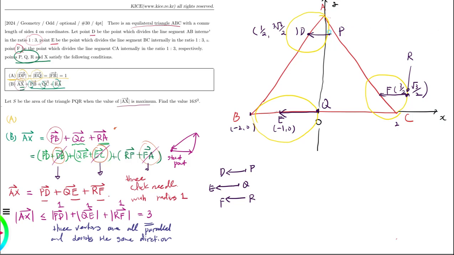They are all +1 in the X coordinate, and there's no difference for the Y coordinate here. Q is the origin here. The point R is (5/2, √3/2).